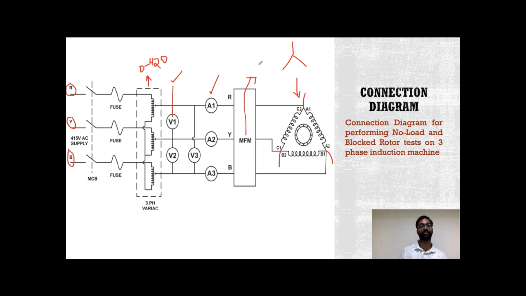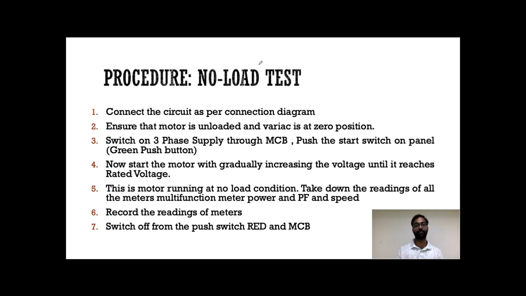Similarly for the short circuit test, or block rotor test, we will come to it in a few minutes. After recording the readings, we will push the red button to turn off the panel, and the MCB will be switched off. I hope the procedure is clear to you.